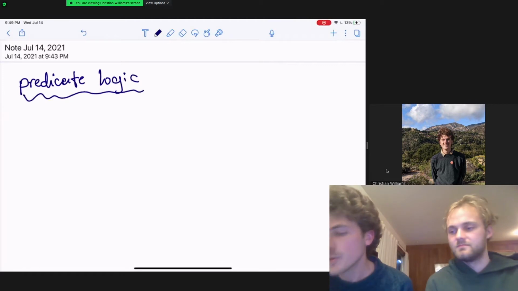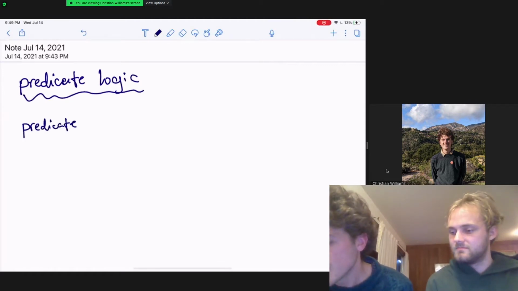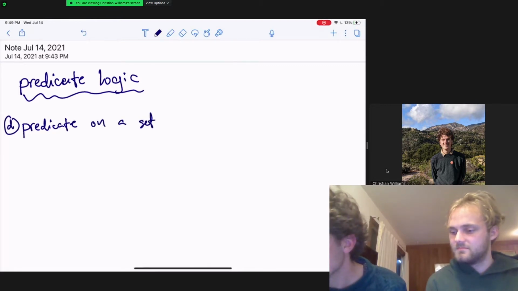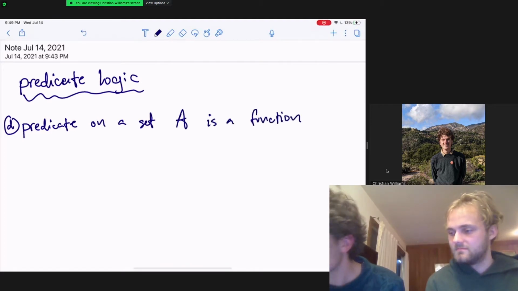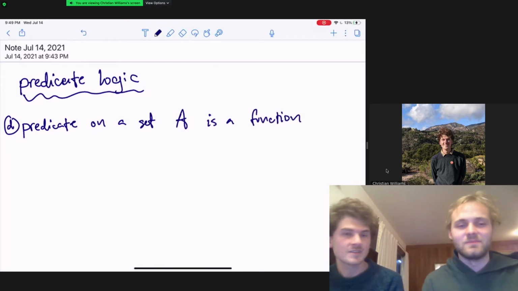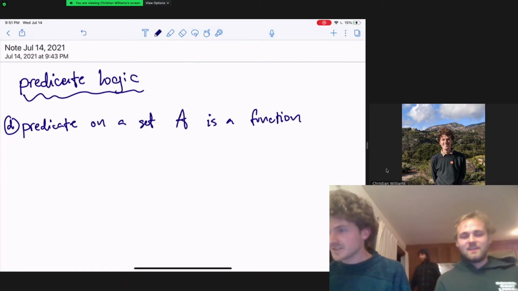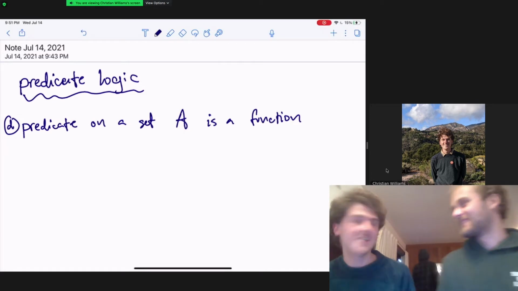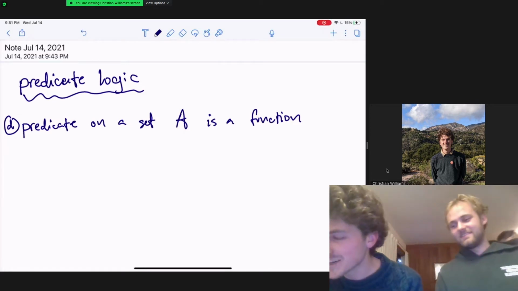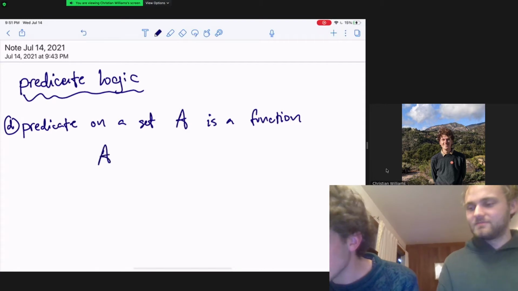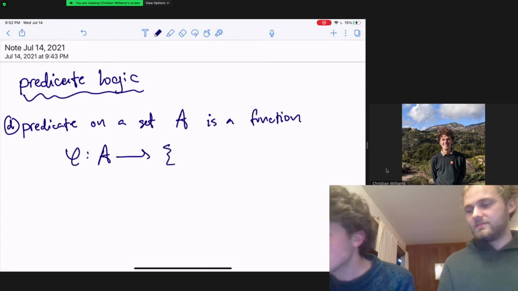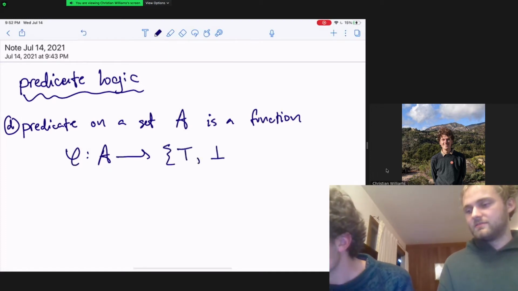A predicate on a set A is a function. It's just a function from A to, let's call it phi, from A to 2, also known as true, false.